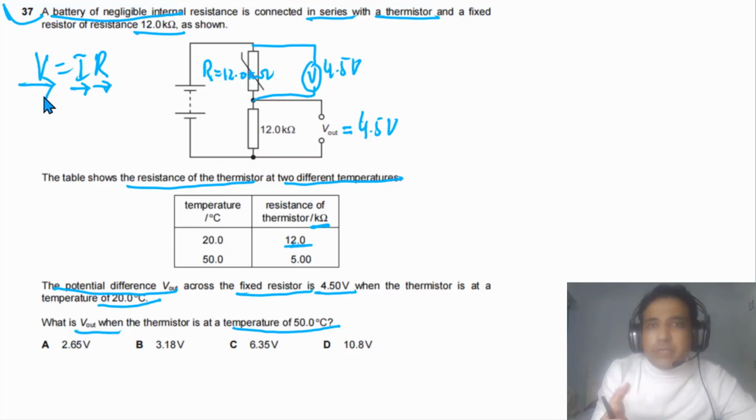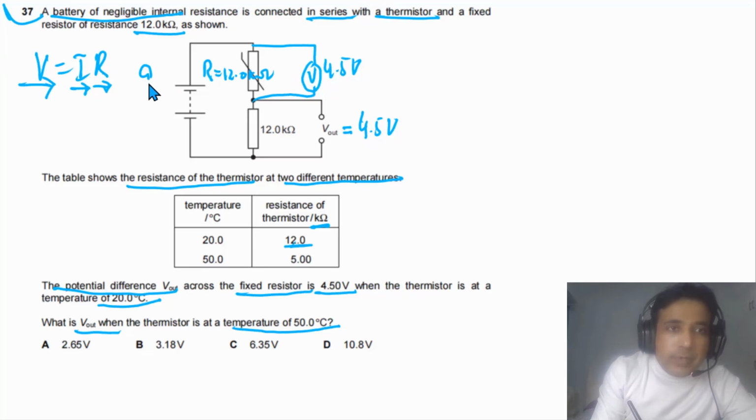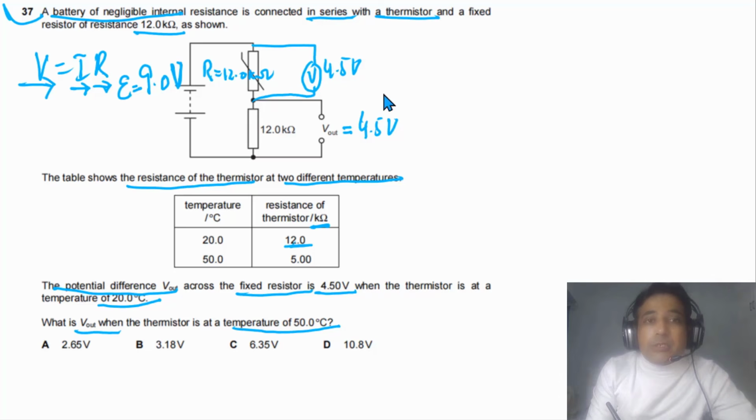We can also use potential divider formula. We can do all those things, but this is a smart way because in your exam time is very important. So this is 4.5, this is 4.5. So this battery is 9.0 volts. Meaning the PD across this battery, or simply you can say EMF of this battery, is equal to 9.0 volts. So this is the first case.